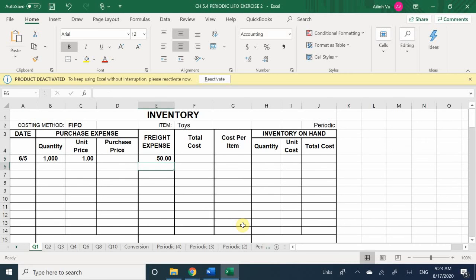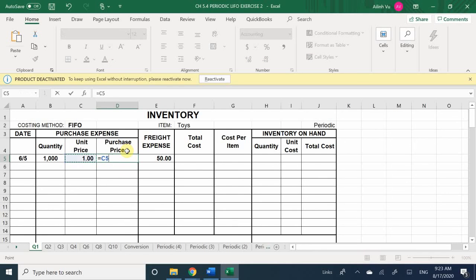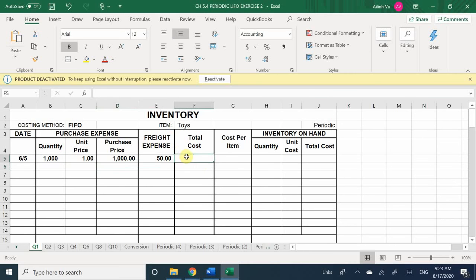Okay, so how do we go ahead and solve for this? The purchase price is $1,000. And then what is our total cost here? $1,050. Good. And what is our cost per item?